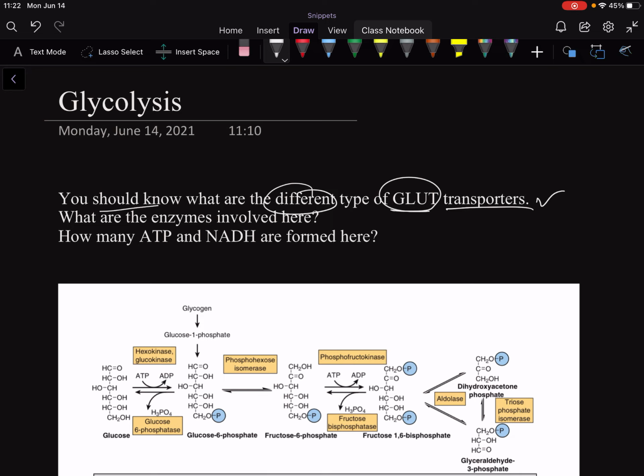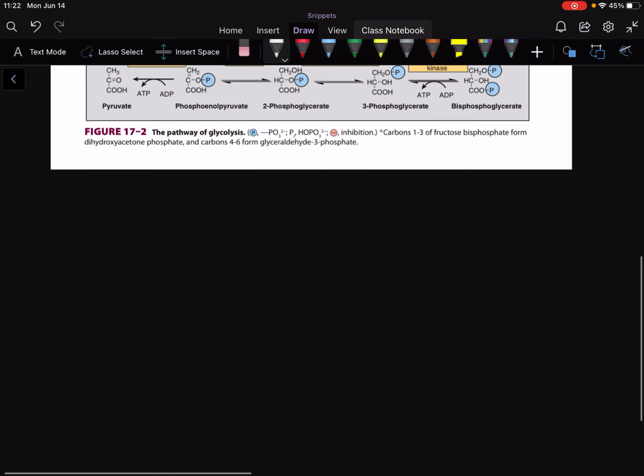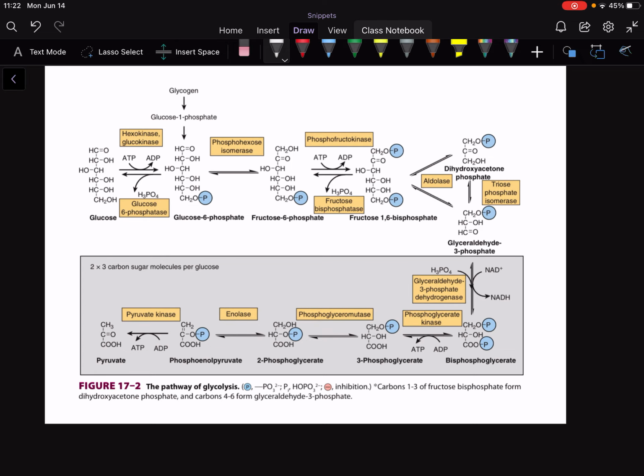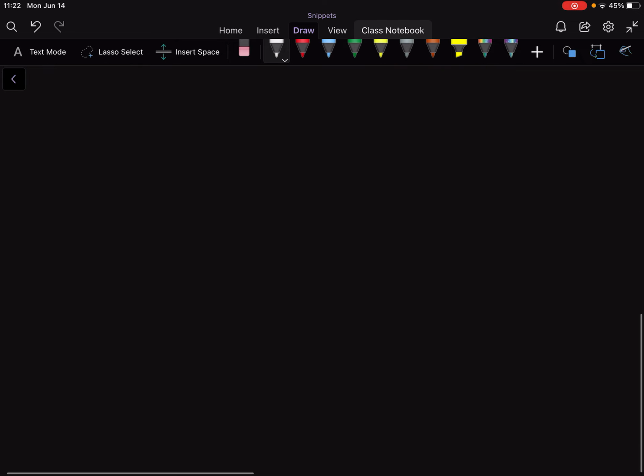And in this video I'll be mainly talking about what are the enzymes involved here and how many ATP and NADH are formed here. I know this diagram here is very complex, but I will break it down for you. First you should know what happens when you take food.